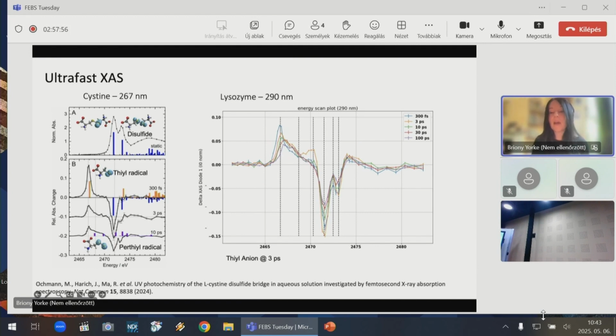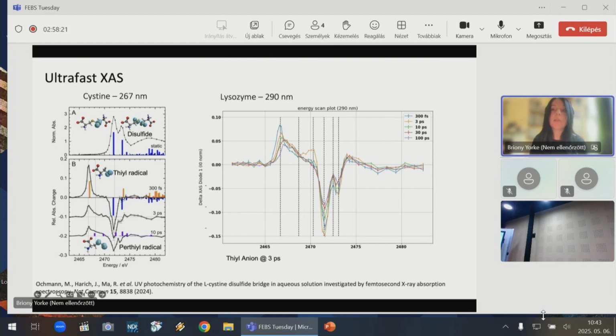This thiol anion is indicative that an electron transfer has taken place. We can't say exactly where from, but we can assume some of the disulfide bonds within lysozyme are close enough to tryptophans to allow an electron transfer mechanism to take place.